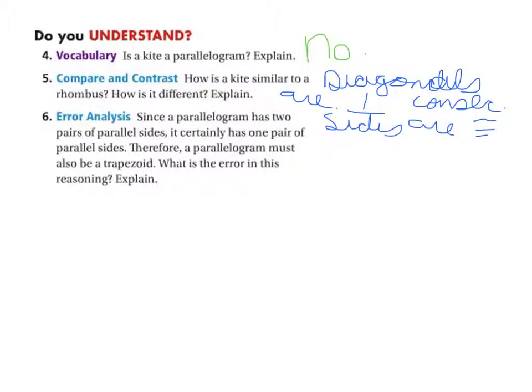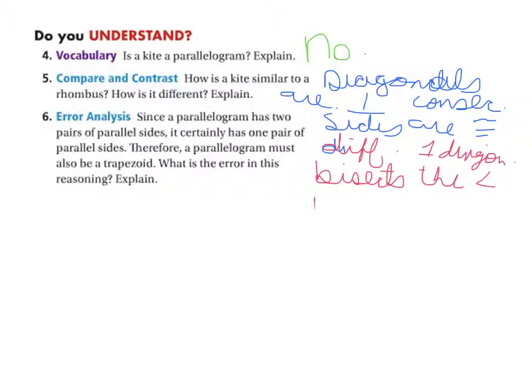Well, one diagonal of a kite bisects the opposite angles, but the other diagonal does not. So one diagonal, this is different, bisects the angle, but the other doesn't.